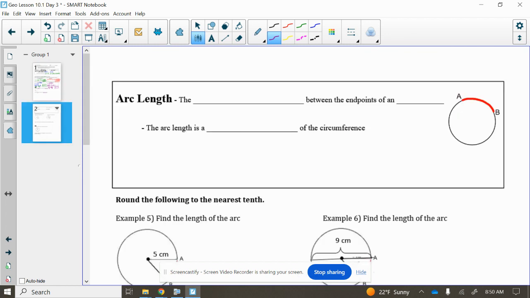Now, arc length is going to be a portion of your circumference. So this is still a distance, but it's the distance between the endpoints of your arc. I like to think about it as the length of the crust of your pizza. It's a fraction of that overall circumference.